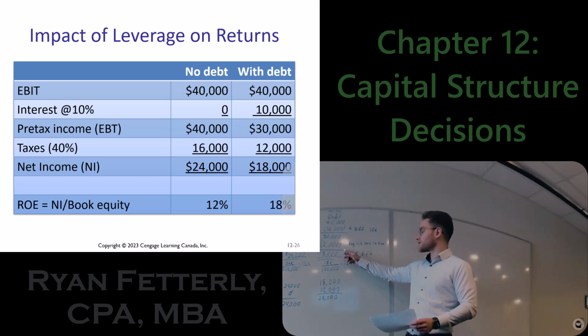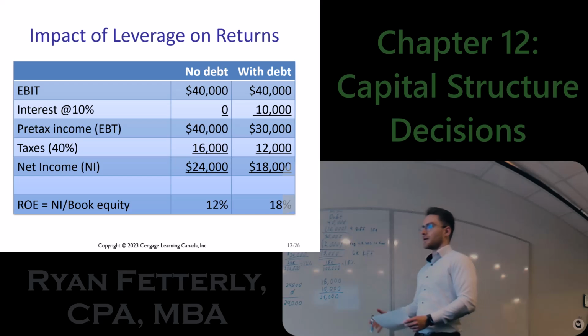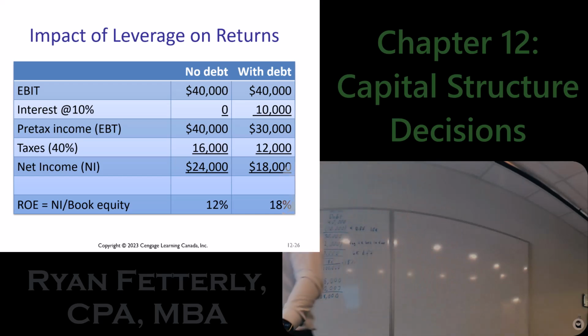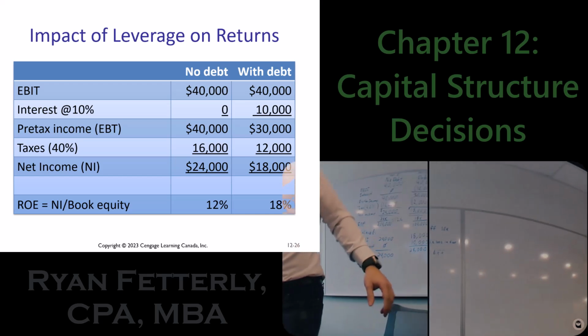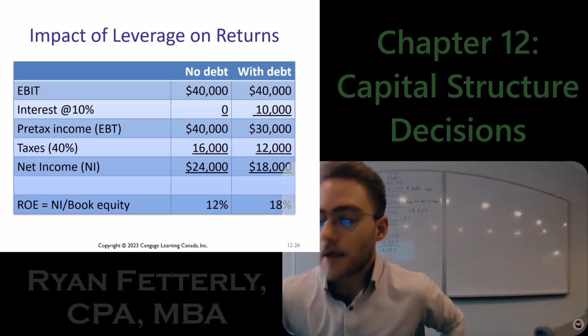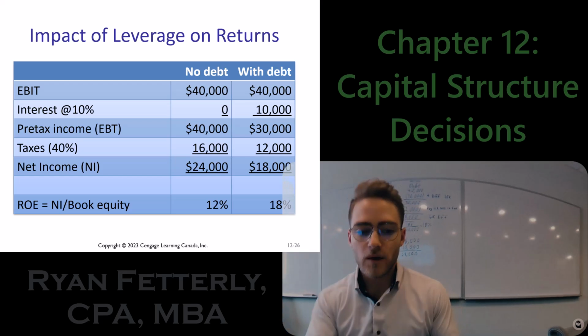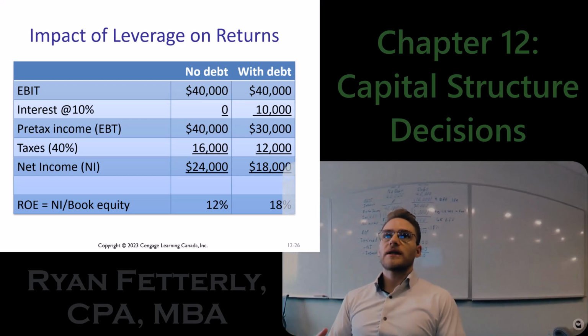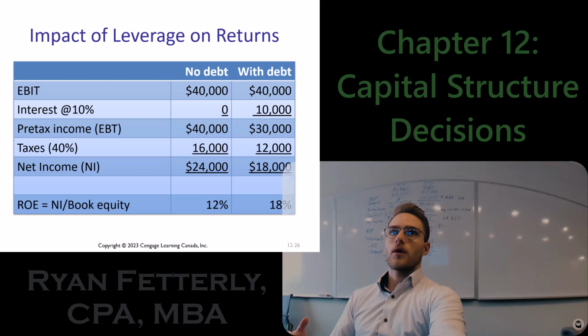Even though it decreases your bottom line, it increases the return for your shareholders, and then also increases the amount that you can pay out to your equity holders or to your debt holders. So this is basically why when we do add on financial leverage, it ends up being that the firm is worth more.